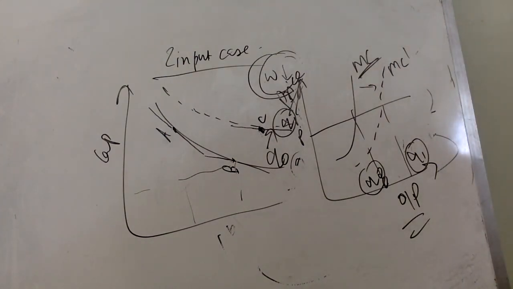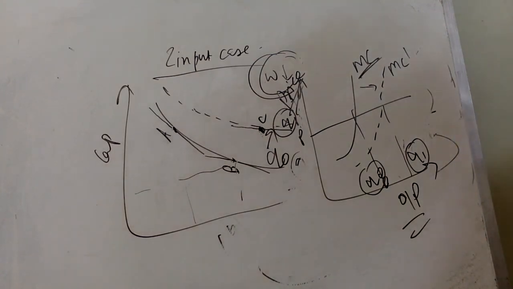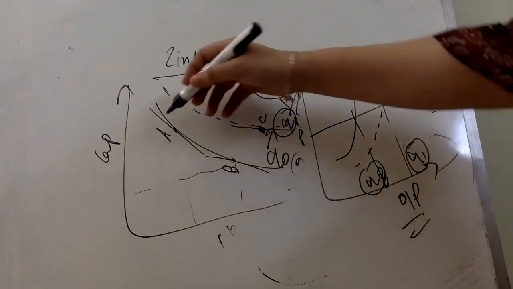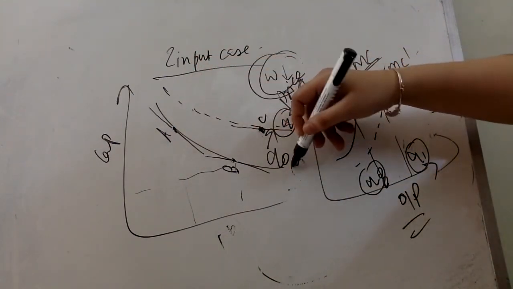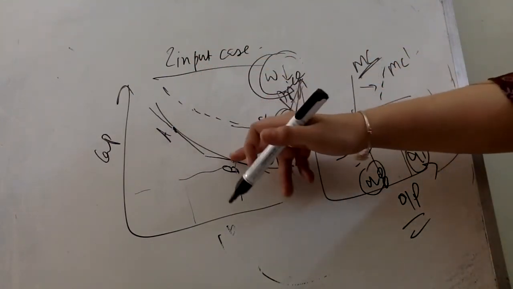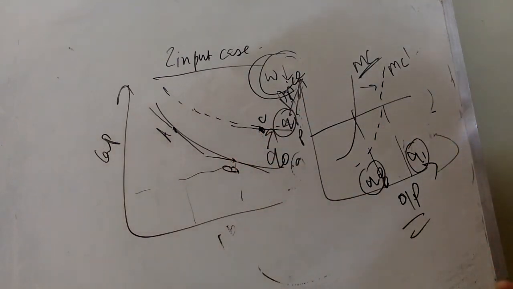Okay, so just a quick summary of the substitution and output effect. The substitution effect causes any given level of output to be produced using more of that particular input for which the price has fallen. That's what we saw here.